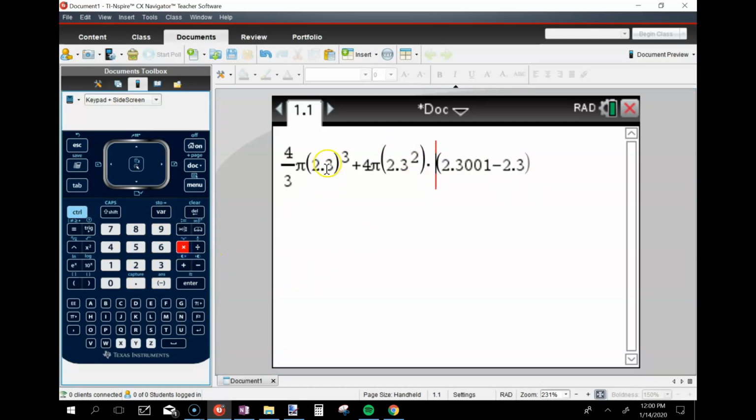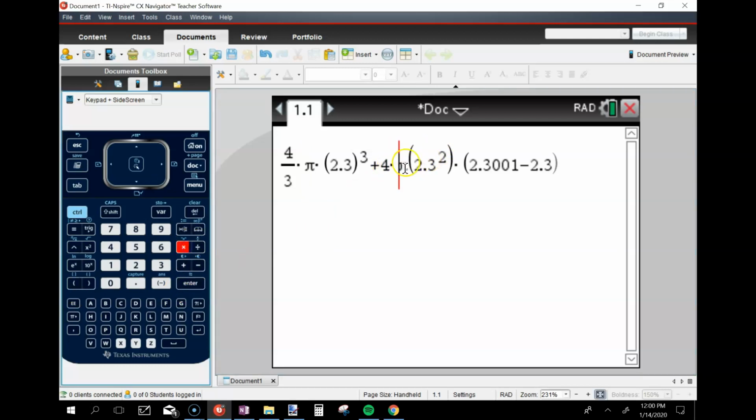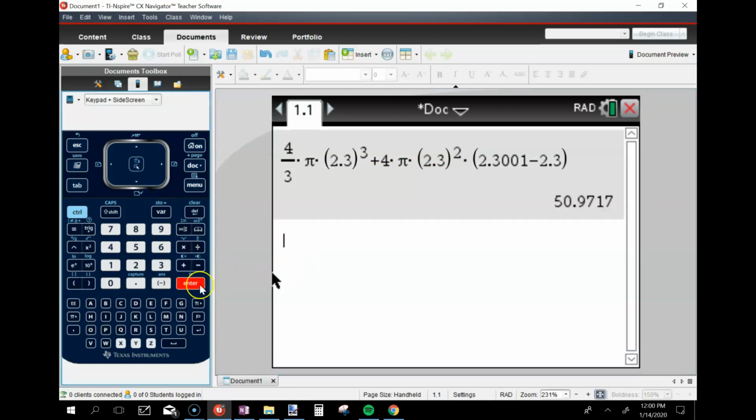I'm going to put multiplication signs in here because I don't want to deal with any issues. How's that look? I plug it in okay? It'll yell at me if I don't do it right anyway. So I get this: 50.9717. Of course, it's probably more like that, right?